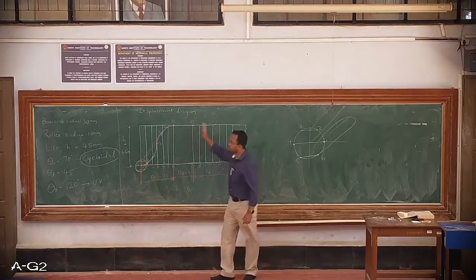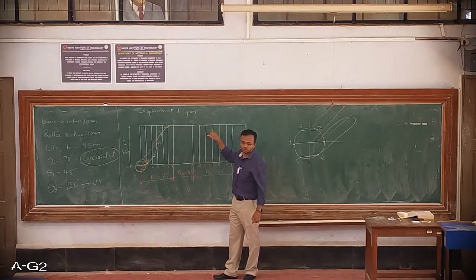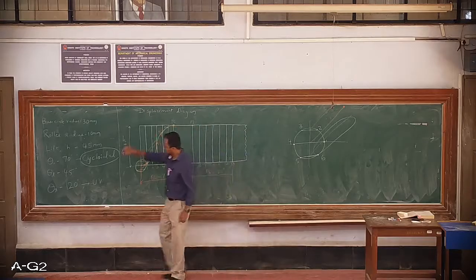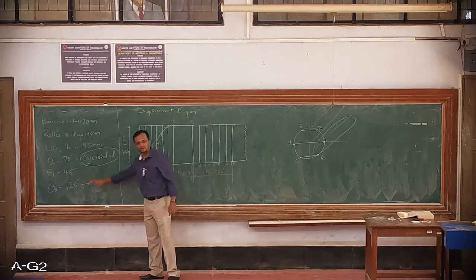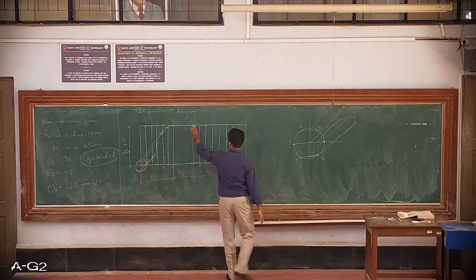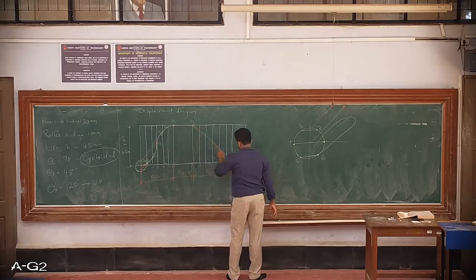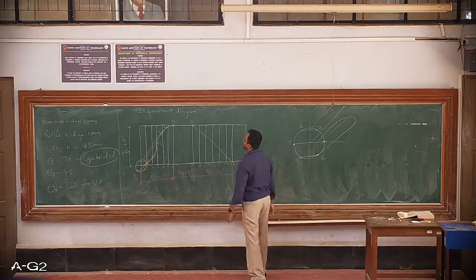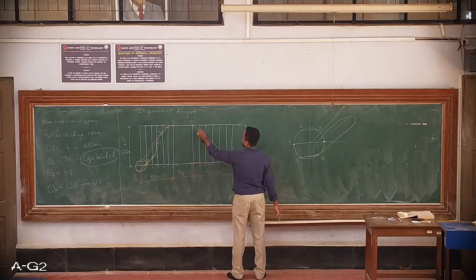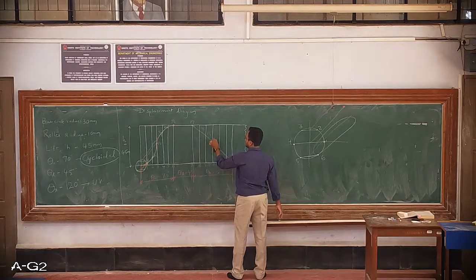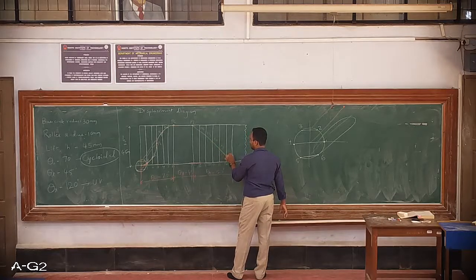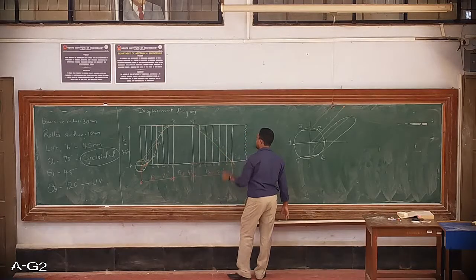Now it is the start of the return stroke, and the return stroke is taking place with uniform velocity. So it is nothing but a straight line. Automatically, here at the intersection points you will get P8, P9, P10, P11, P12 and P13.